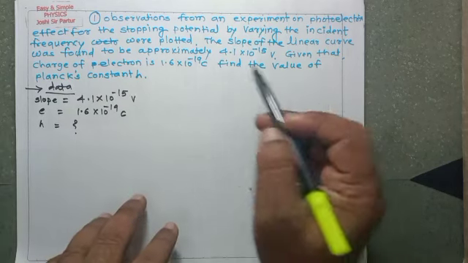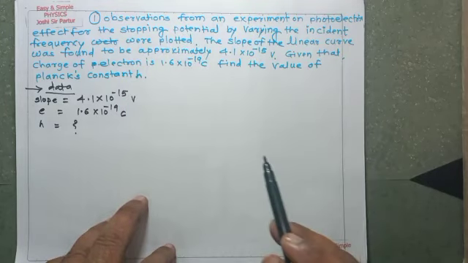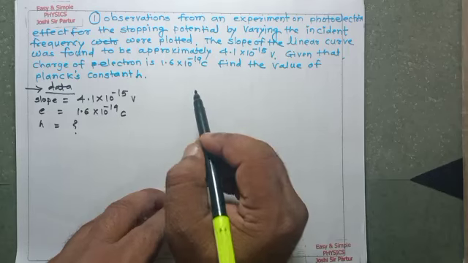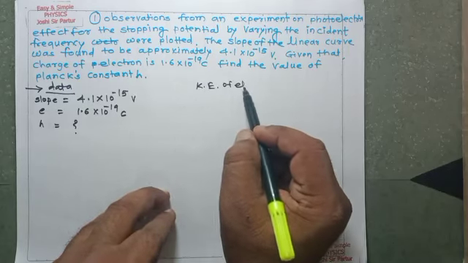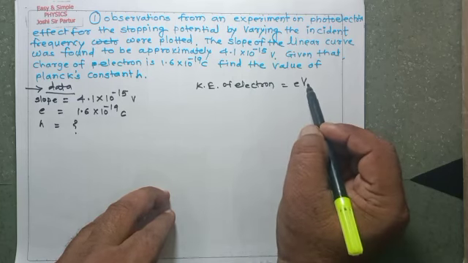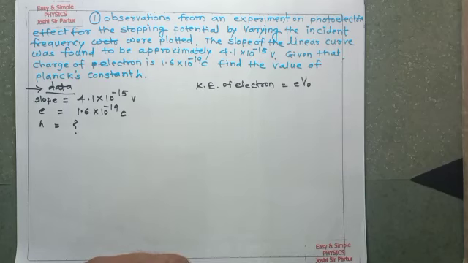So here, the stopping potential by varying incident frequency was plotted. It means we want to plot a graph of stopping potential and incident frequency. But first of all, we know that the kinetic energy of the electron is equal to e into V0, where V0 is the stopping potential.